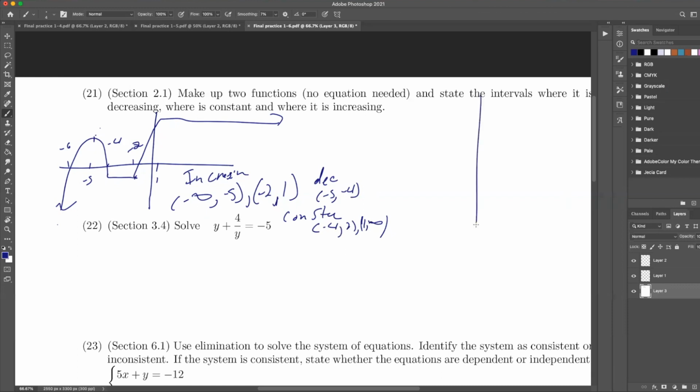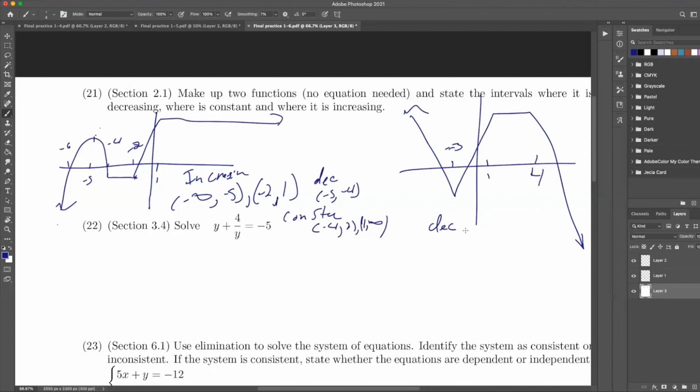We can do another one real quick. We can just do something that goes down, goes up, is constant, and then goes down to infinity. Let's just do this one. So here, where is it decreasing? Let's make this minus 3. Let's make this 1. Let's make this 4.